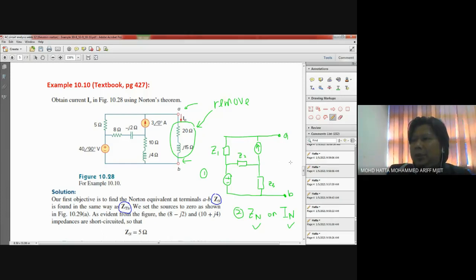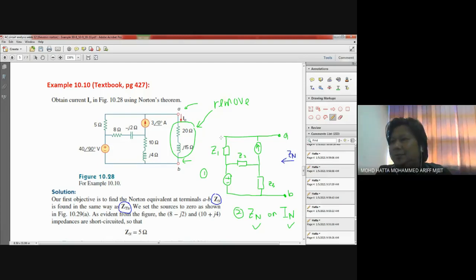What we're trying to do here is find out what the impedance is over here and label it as Zn, the impedance from terminal A up until terminal B. So in our circuit, we have a voltage source over here and also a current source.